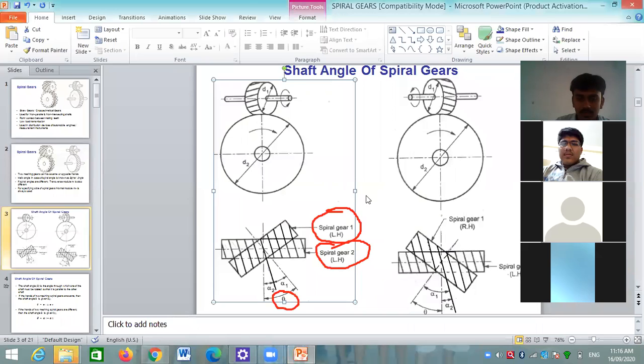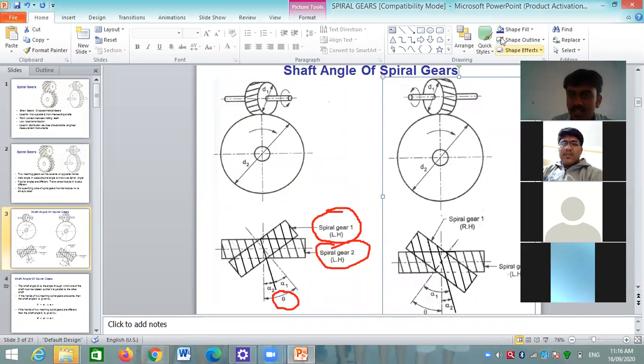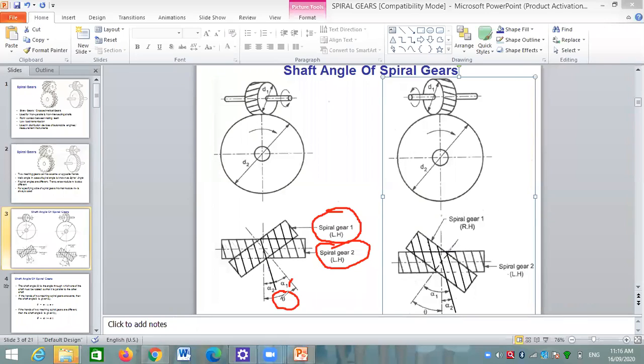Theta is the shaft angle, and alpha 1 is the spiral angle for gear 1, and alpha 2 is the spiral angle for gear 2, and theta is the shaft angle, which is the summation of alpha 1 plus alpha 2.